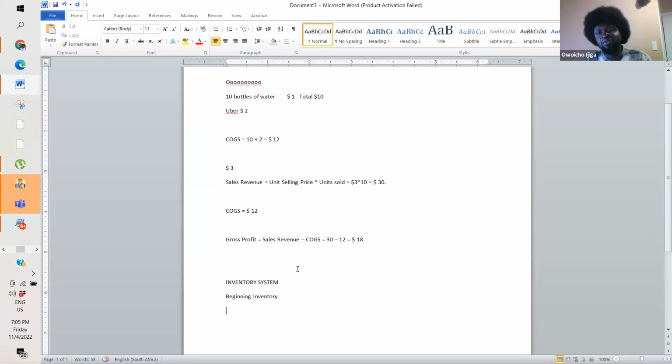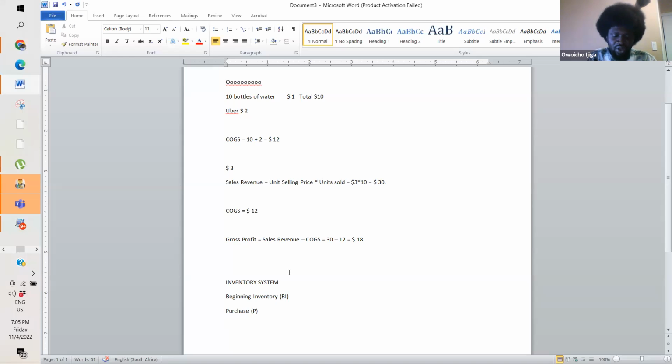The beginning inventory, we have the purchase. This is represented as P. Okay, so this is represented as the beginning inventory. This is purchase.